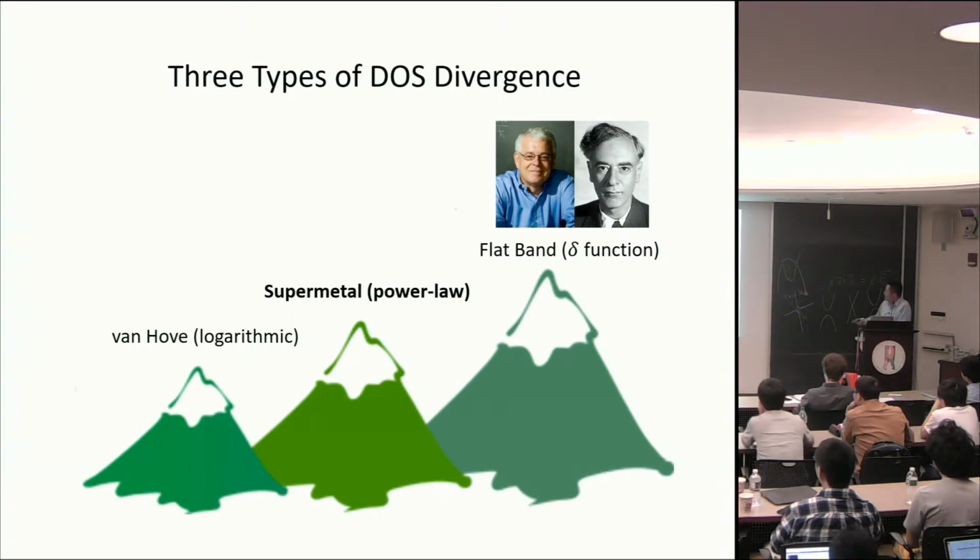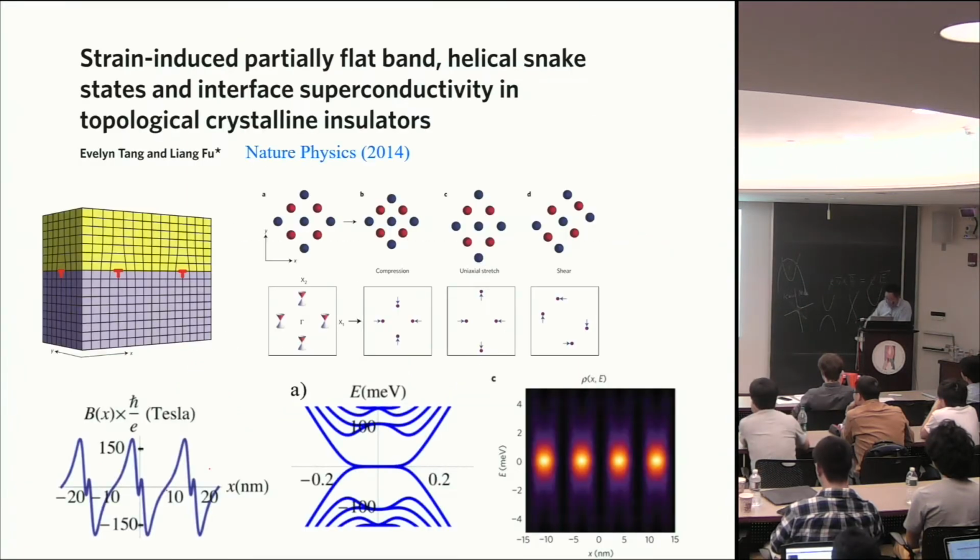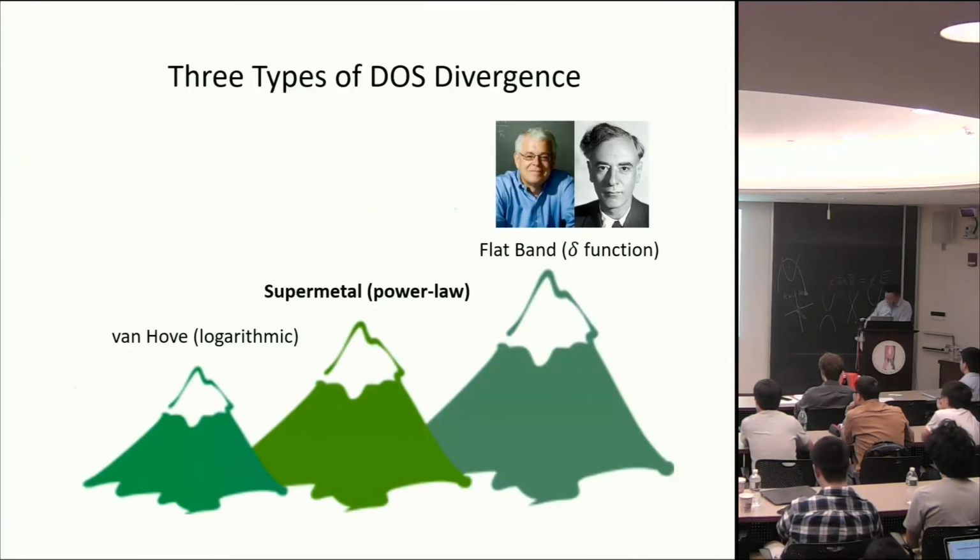But the approach I'm taking, coming from my background in this problem, is that the bands may not necessarily be completely flat, but maybe the bands are flat only in part of the momentum space. So we get a high density of states near the Fermi energy. One example of this is the Van Hove singularity.